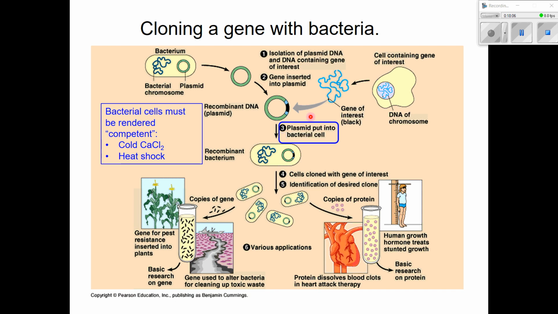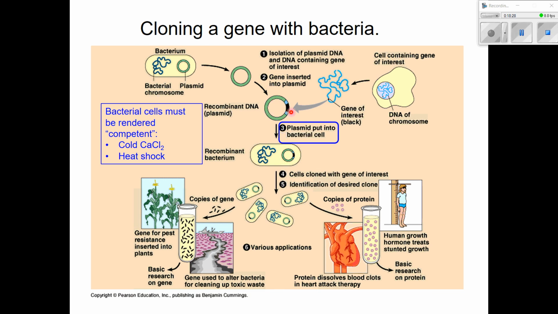Okay, now it's a little more complicated than we see in this diagram, because after you insert the gene of interest into this plasmid, and this is now a recombinant plasmid, there are still some little tiny gaps that have to be sealed up to make this a solid piece of DNA again.